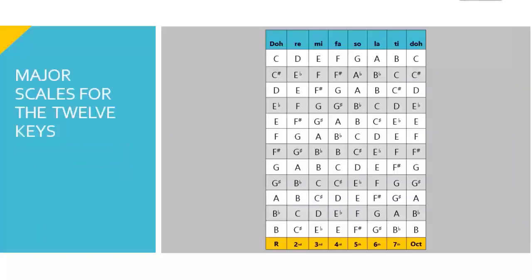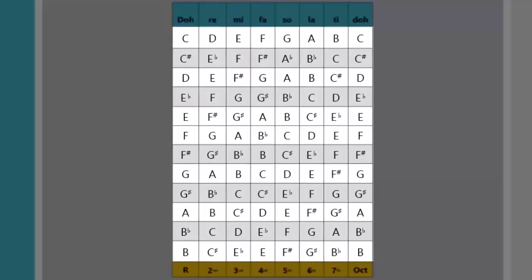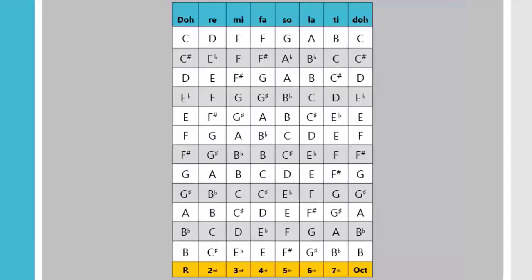Now, to make it easier for you to understand the major scale, I have prepared this table. It is just a simple chart showing all the 12 major scales, the fingering or the music ladder for all the 12 keys on the keyboard. You'll see how they relate to each other, because a scale is just a family of keys that blend together to make music.